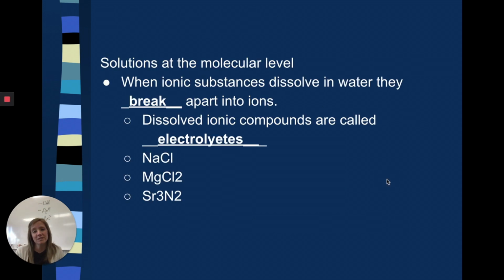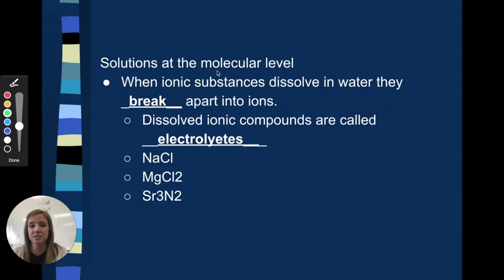Okay, so solutions at the molecular level. The key thing is that at the molecular level, we know the solution is actually made up of two things, even though at our level we can't see them. When an ionic substance dissolves in water, it breaks apart into ions. We mentioned this when we learned about ionic substances and did that lab in that unit where you had to identify if a substance was ionic, covalent, or metallic.